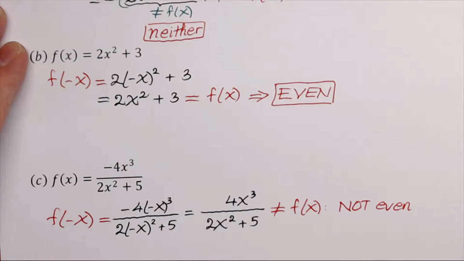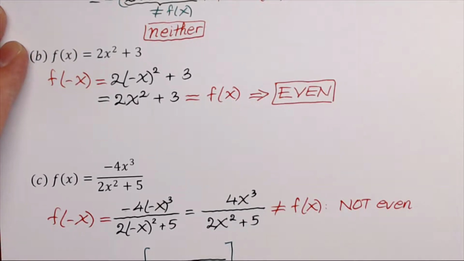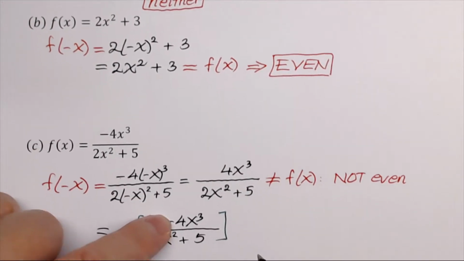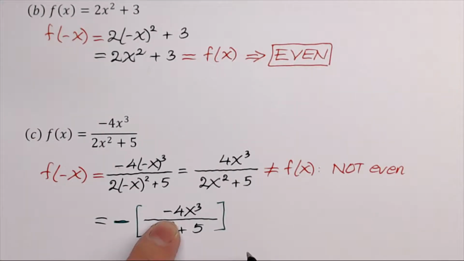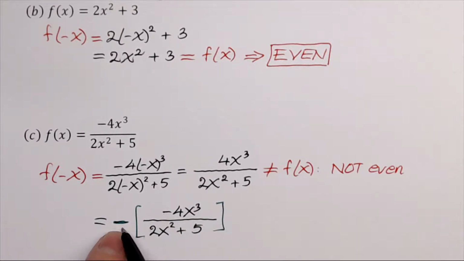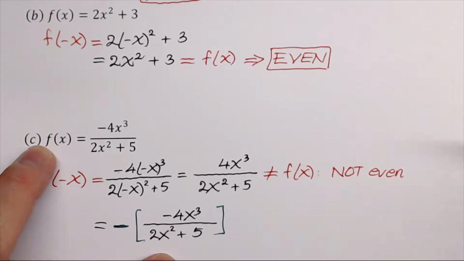Next, we have to manufacture a negative sign. If we put the negative sign out, we're going to have negative 4x cubed, because when we distribute the negative inside, that should be positive. So when we factor out the negative sign, we have this. This is exactly the original function.